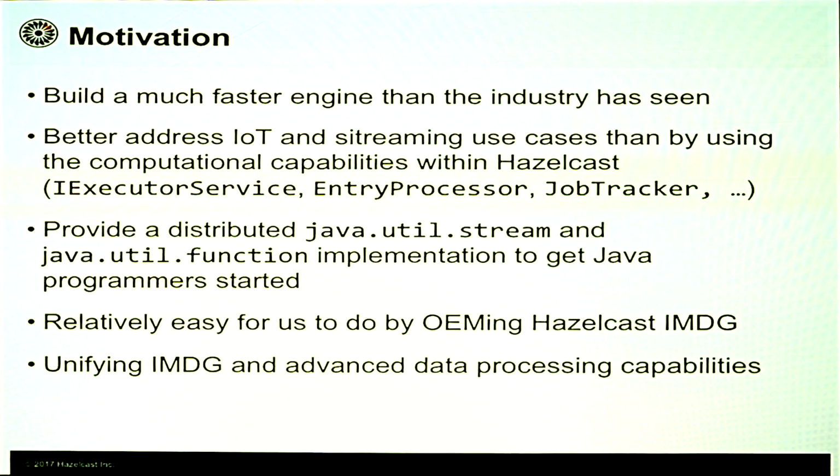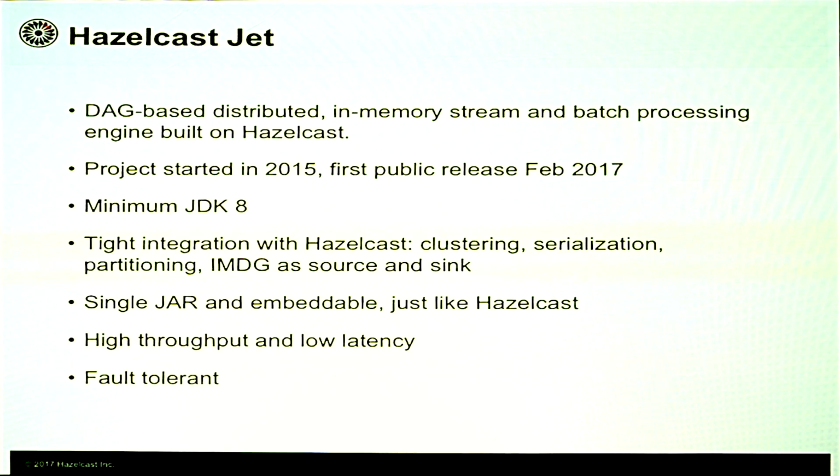Can we make use of that? And we basically made use of it. And of course, by having Hazelcast inside, it gets a lot of power on its own. We are basically unifying the IMDG features with the fast processing features, so that we can do some really awesome stuff. And I'll have some code to show that.